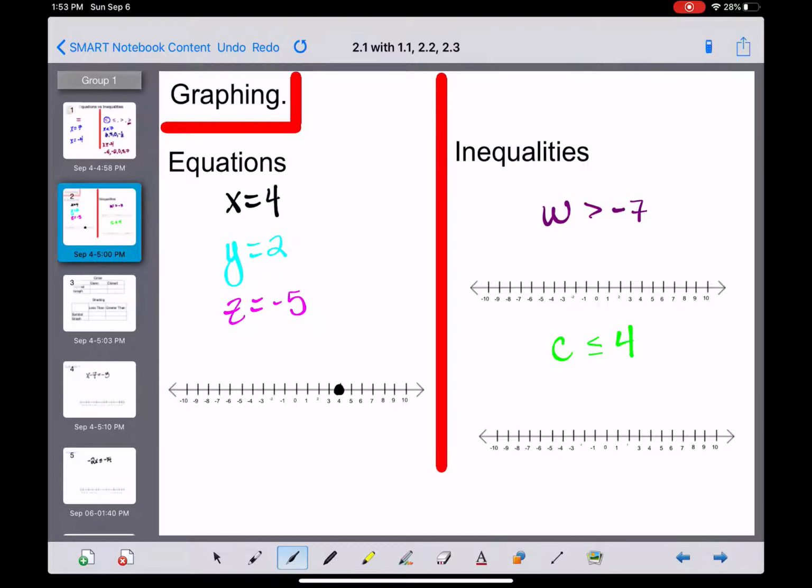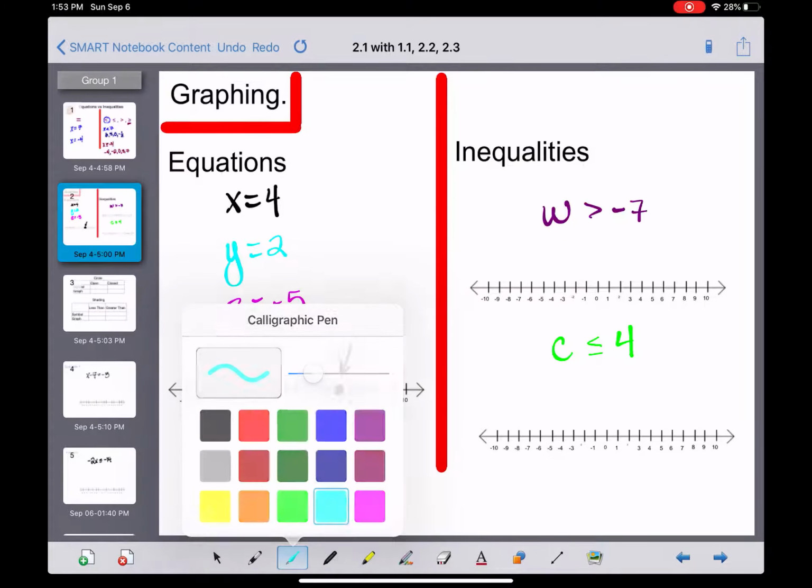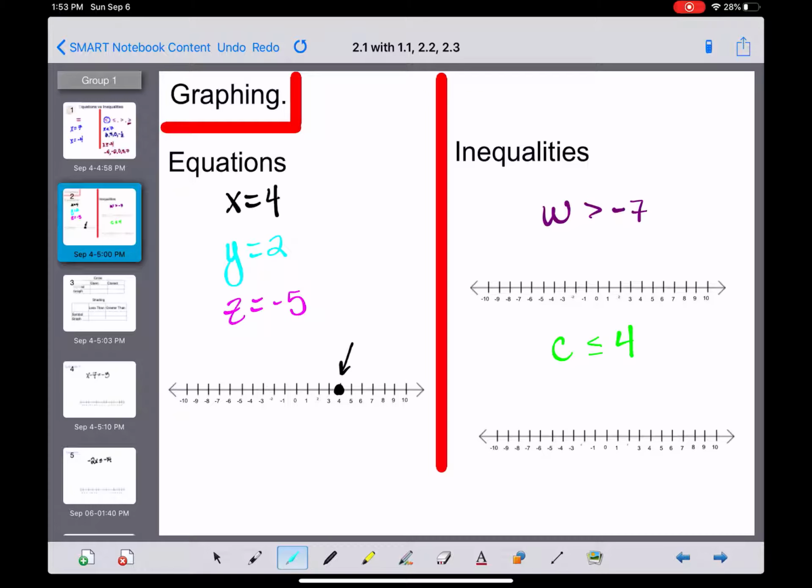That way, as you can see, the location is at 4. So the solution is 4. Same with y equals 2. We go to the location of 2, draw a dot. z equals -5, we represent that with a closed dot on -5.